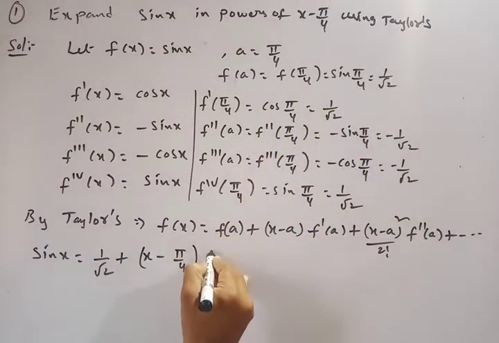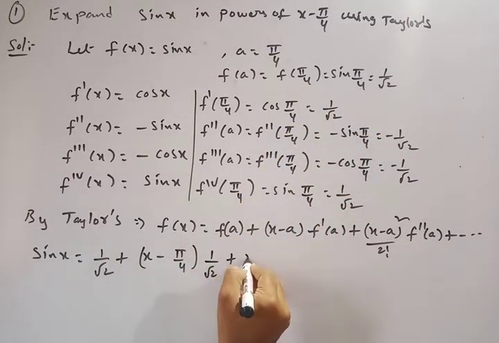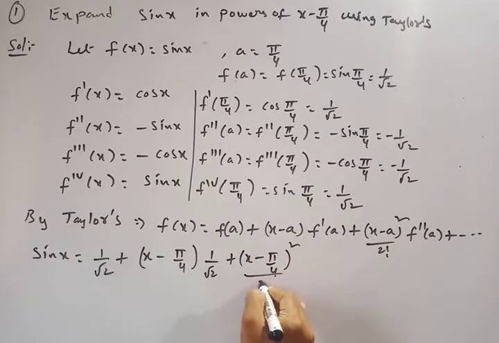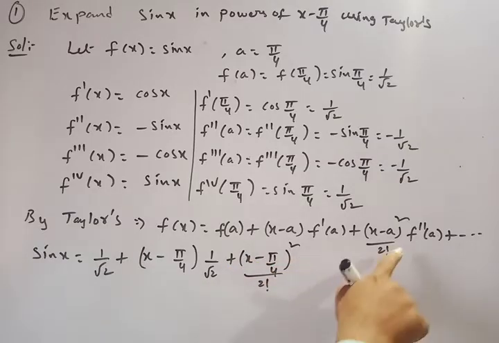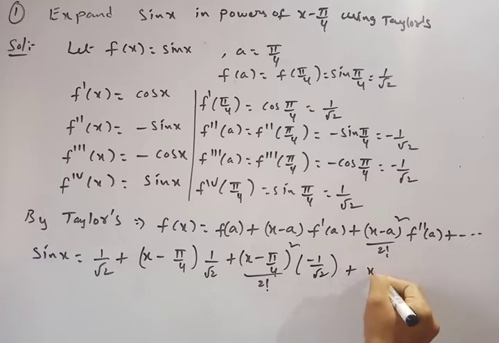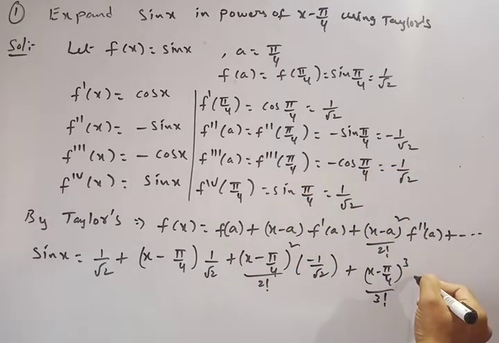F dash of a I got 1 by root 2. Plus x minus pi by 4 whole square by 2 factorial f double dash of a, and f double dash of a I got minus 1 by root 2. Plus similarly x minus pi by 4 whole cube by 3 factorial f triple dash, and f triple dash is also minus 1 by root 2, plus so on.